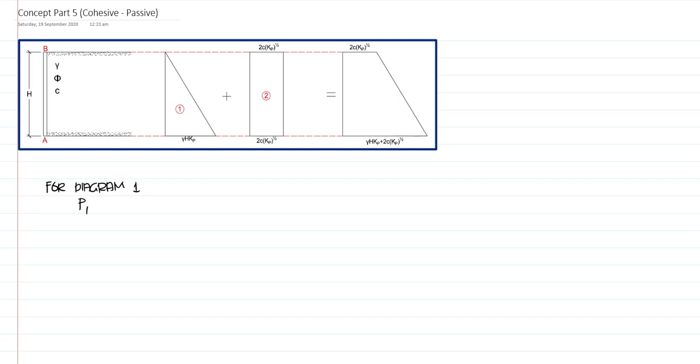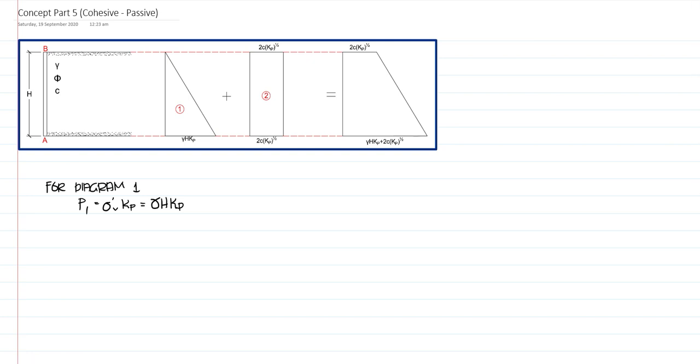So, syempre, since that is for our lateral earth pressure ng soil, so that is sigma prime vertical times Kp or the passive earth coefficient. So, since wala naman tayong involved na water, so we take gamma dun sa ating soil, then times H para makuha yung vertical stress natin. So, that will be gamma times our H times Kp. So, yan ngayon yung pressure number 1.